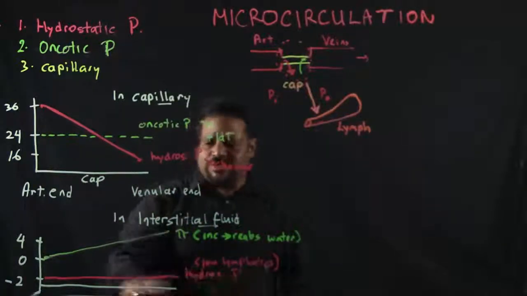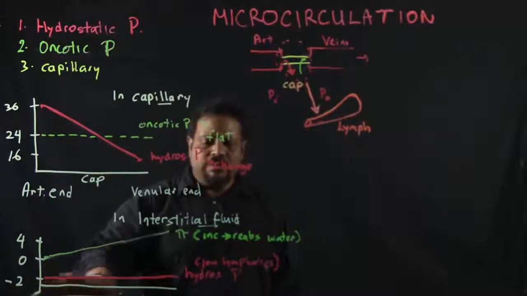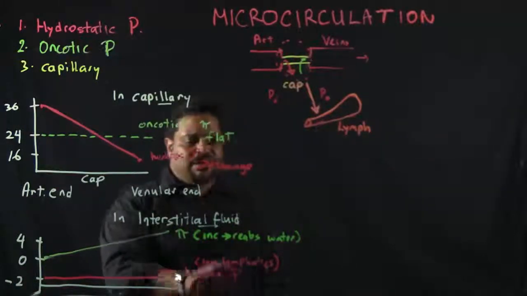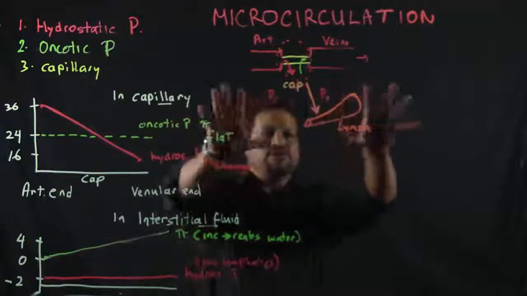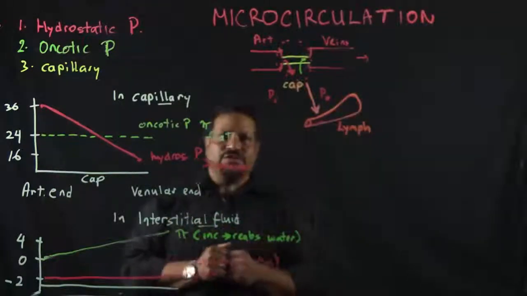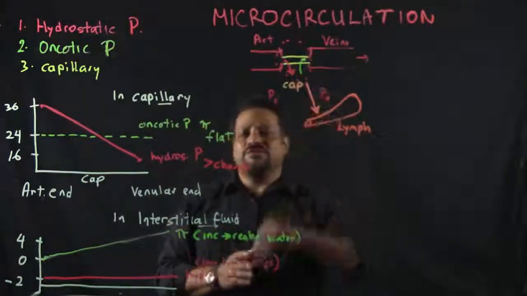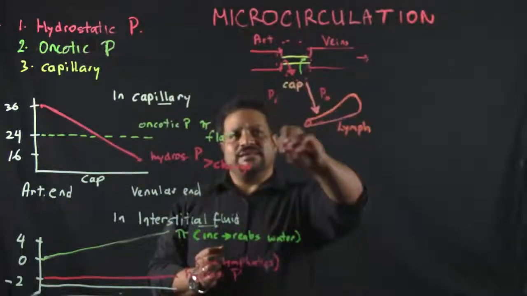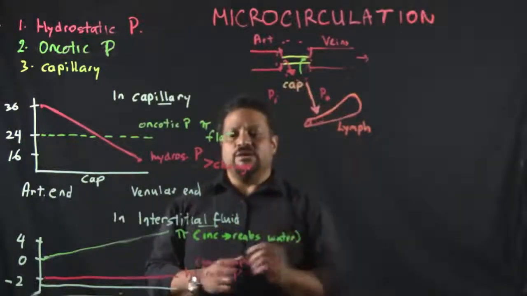And the hydrostatic pressure stays very low, -2, and constant. That's because of the lymphatics, which remove all of that extra fluid, keeping the pressure in the interstitial region relatively low.